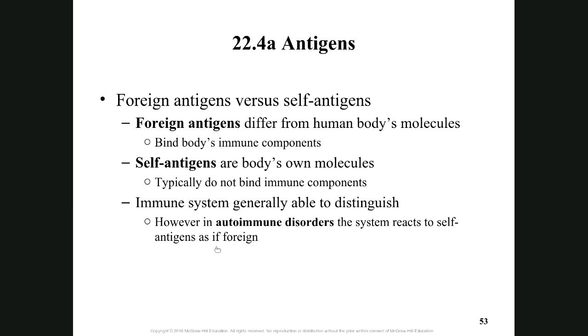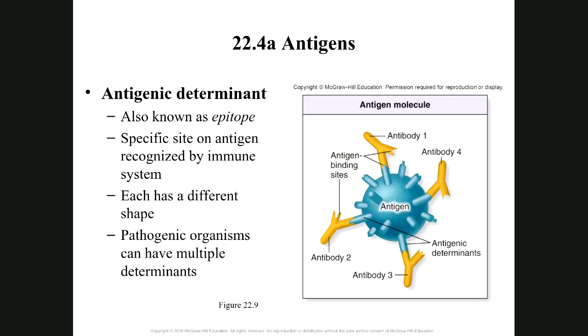One of the malfunctions we have in the adaptive immune system is autoimmune disorders, and it happens when the immune system starts to fight with self-antigens. And we have some antigenic determinants, which we call epitopes. But what are they?